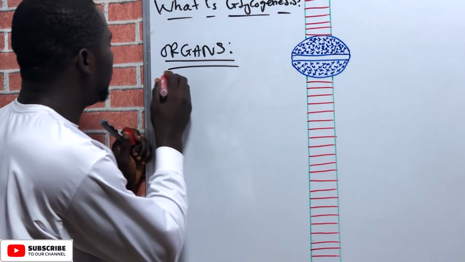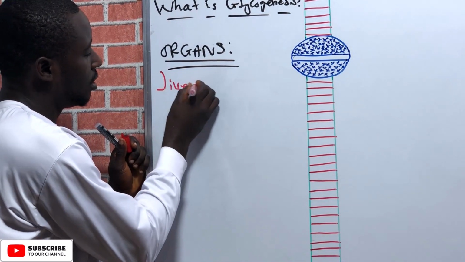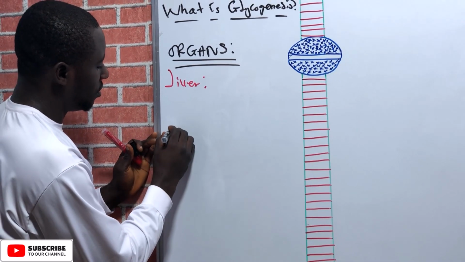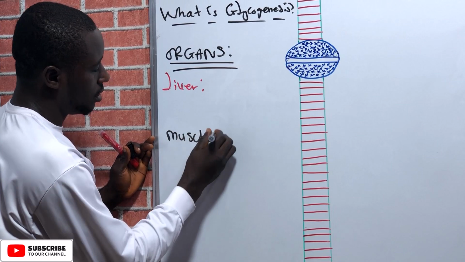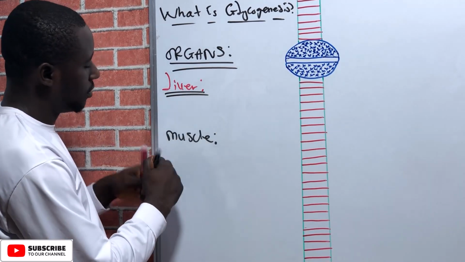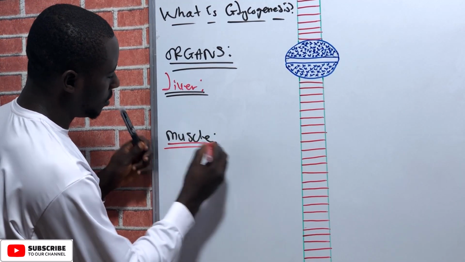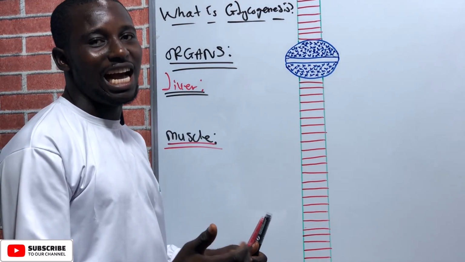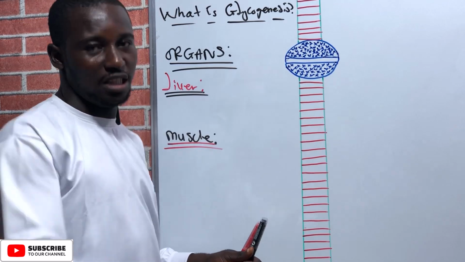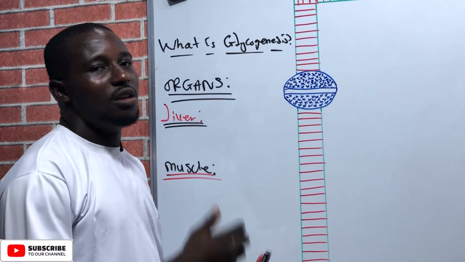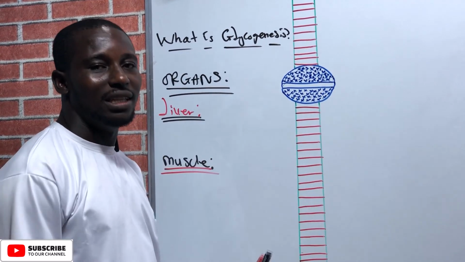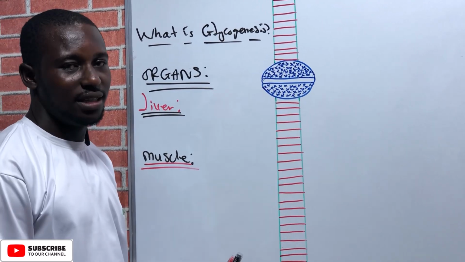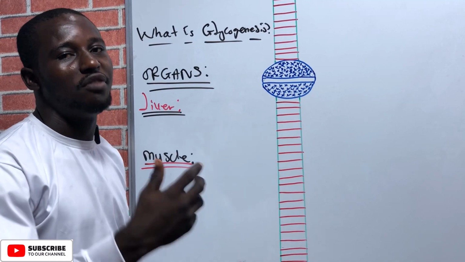We have the liver and the muscle. Here are the two organs in which glycogen is stored during the well-fed state. That is when you have eaten, because excess carbohydrates are stored as glycogen in your body, which is mobilized during starvation state or fasting.